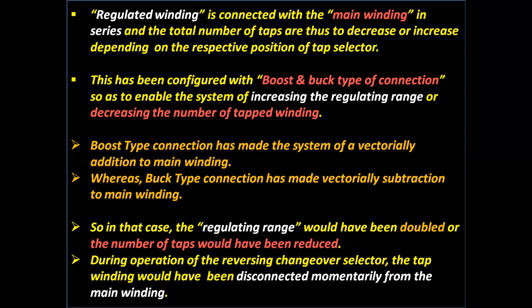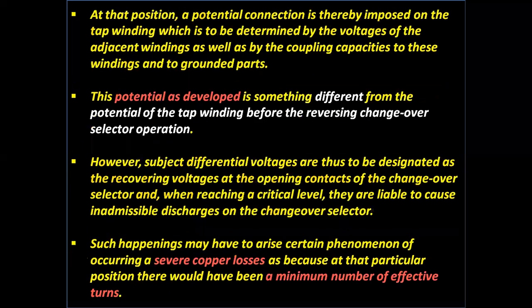During operation of the reversing changeover selector, the tap winding is disconnected momentarily from the main winding. Most important: at that position, a potential is imposed on the tap winding, which is determined by the voltages of the adjacent windings as well as by the coupling capacities to these windings and to grounded parts.